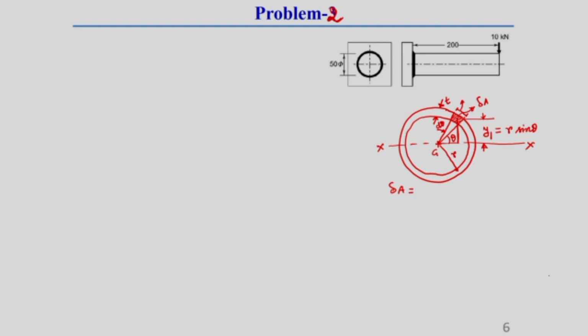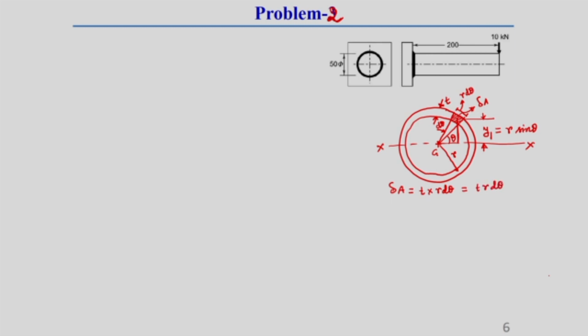The thickness of this weld is T, and this d theta makes a length. This length is equal to r d theta, which is very well known to you. So, the small elemental cross sectional area delta A will be the throat thickness T into the small elemental length r d theta, so we get T r d theta.